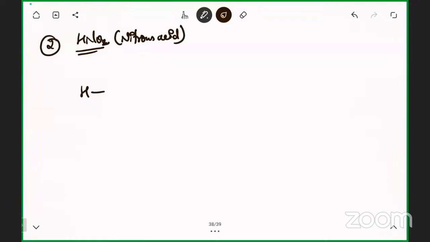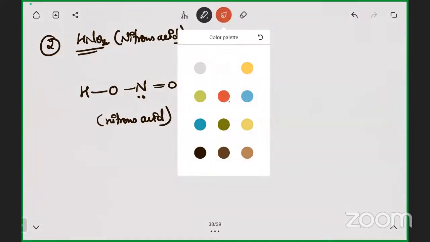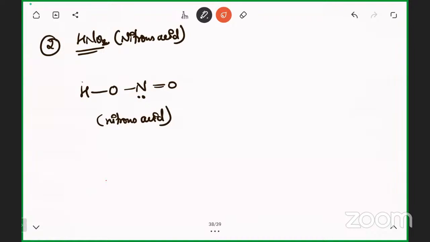See, from HO, N has a lone pair, and a double bond to O. This is nitrous acid. And if I make the tautomer of nitrous acid, what will happen? The oxygen is bonded with the hydrogen atom, so there is a migration of this hydrogen. The hydrogen will migrate from here to this particular nitrogen atom, and the structure formed will be O=N double bond O as it was.